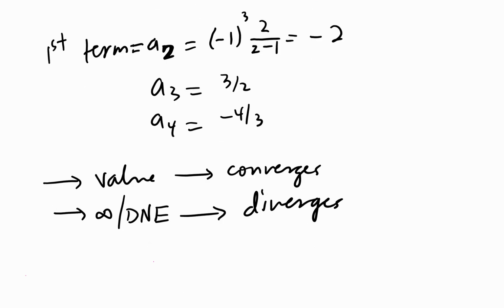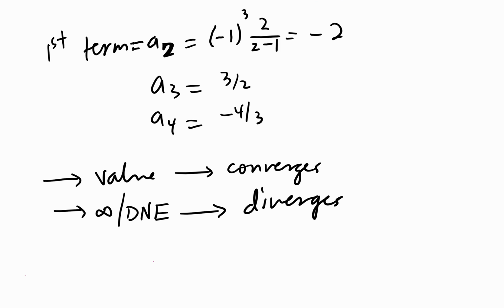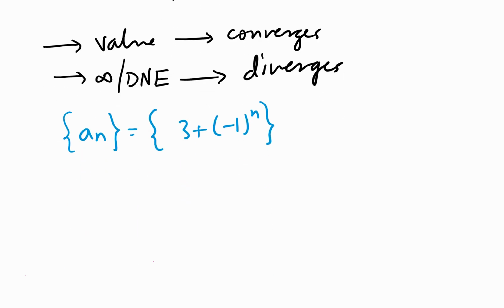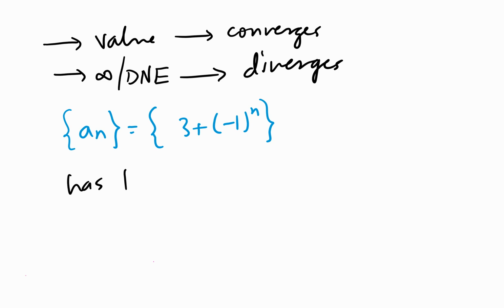You're going to hear me say converges, diverges a million times in this chapter. So if we look at the sequence a sub n equals 3 plus negative 1 to the n, we don't know what n is, so n starts at 1. If you put 1 in, you get 3 minus 1, which is 2.